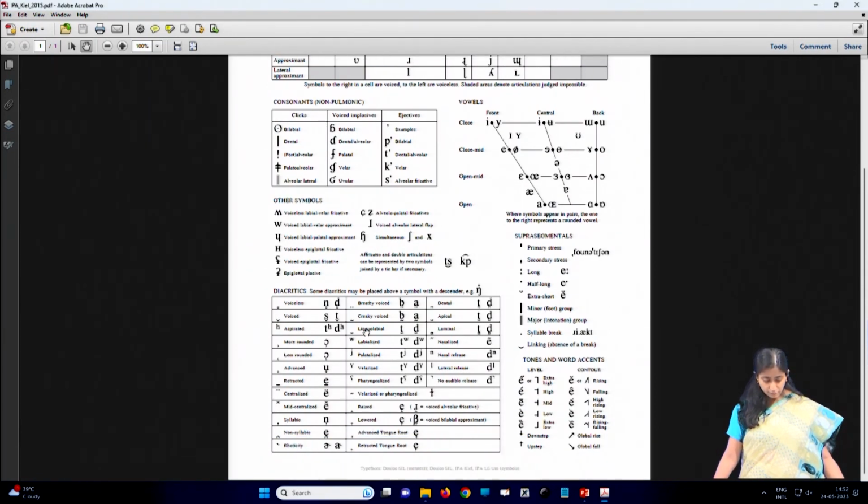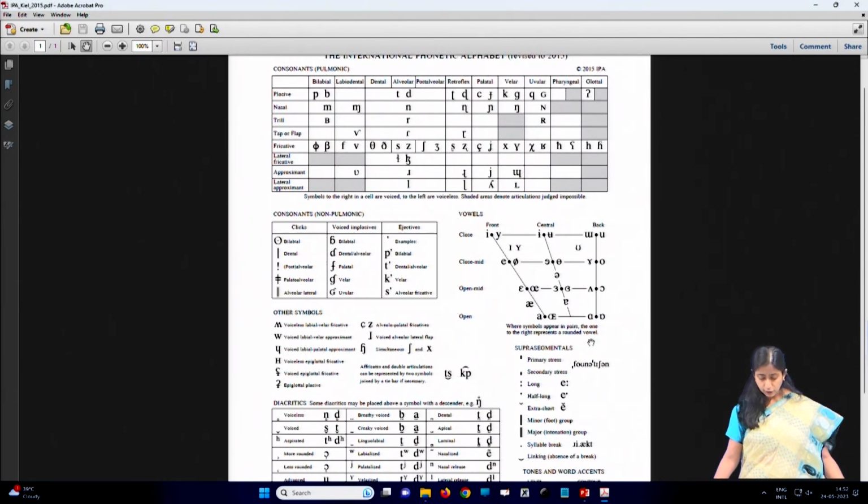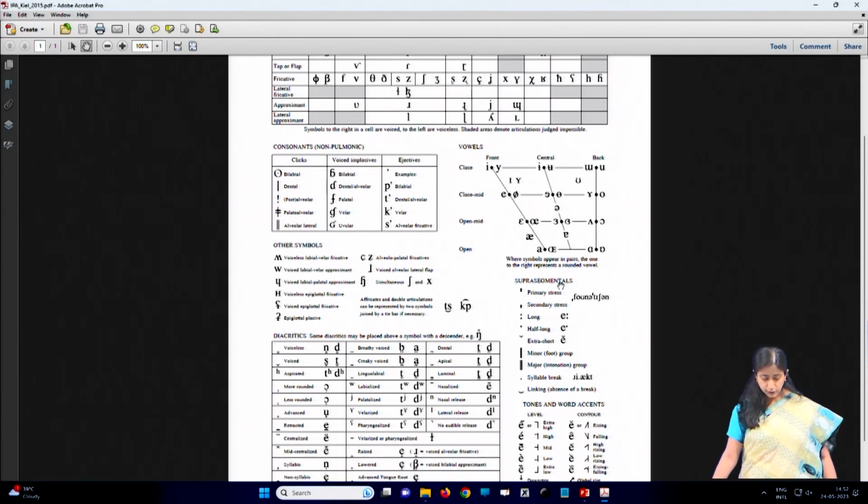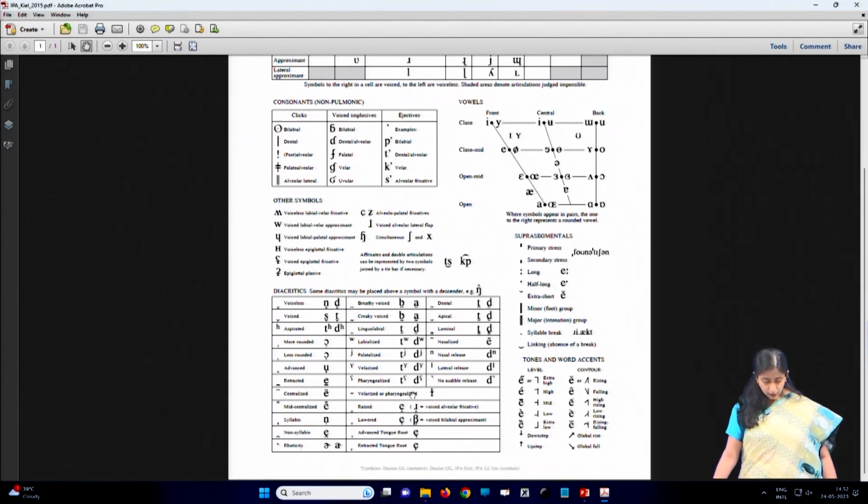Likewise, we have many diacritic symbols here, which can modify these basic sets of consonants or vowel sounds to show the changes, or to show the exact sound symbols. Like you can see, there is a diacritic symbol for making a sound nasal.